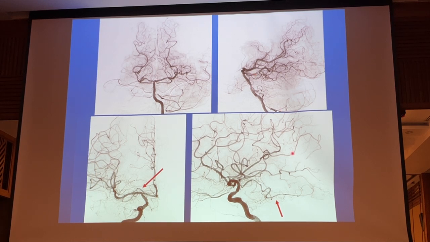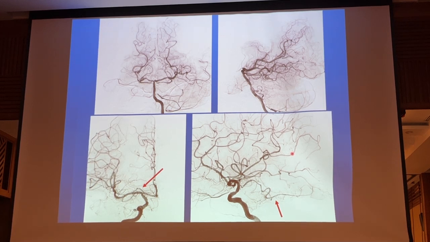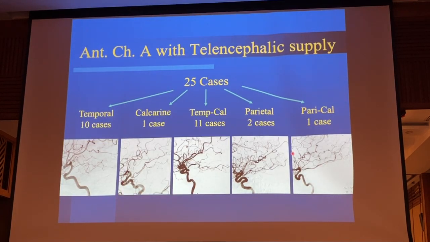About a month ago, I was preparing for this trip, and I looked at which territories are supplied by the anterior choroidal arteries. I looked at anterior choroidal arteries with a telencephalic supply; there are 25 cases in my file. Temporal lobe alone, as the dominant supply, is 10 cases.